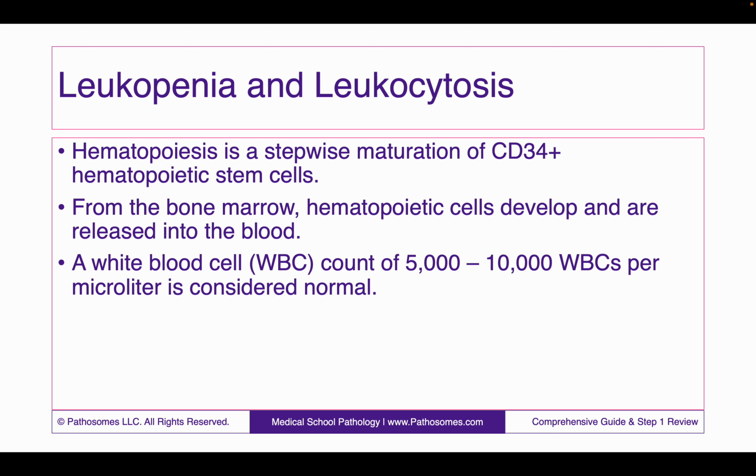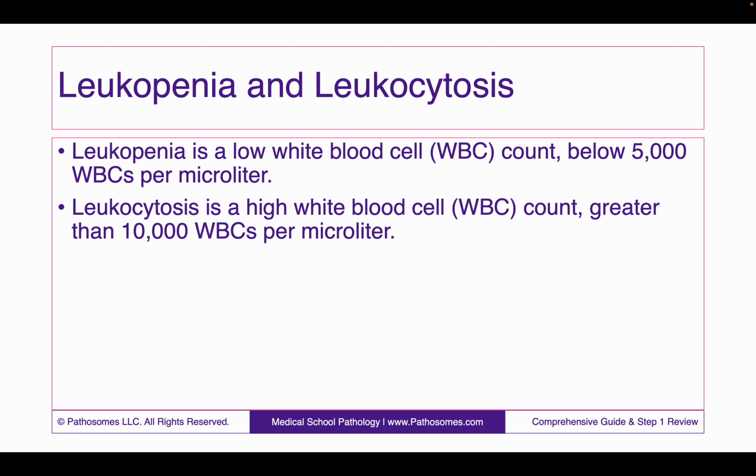A white blood cell count of 5,000 to about 10,000 per microliter is considered normal. Leukopenia is a low white blood cell count, below 5,000. Leukocytosis is a high white blood cell count, greater than 10,000.